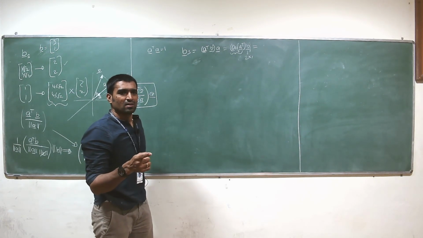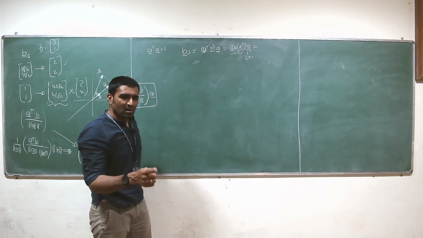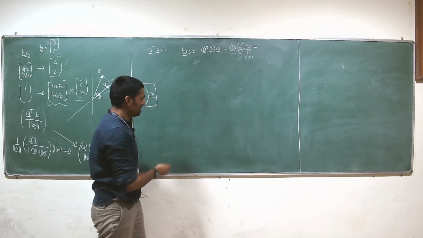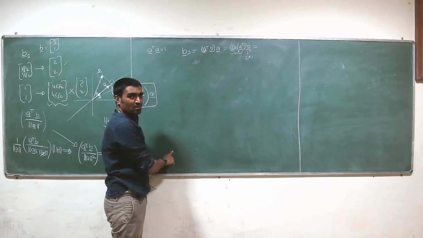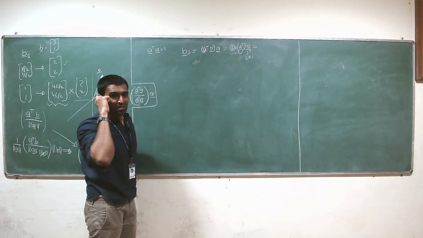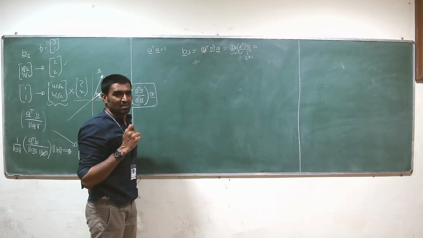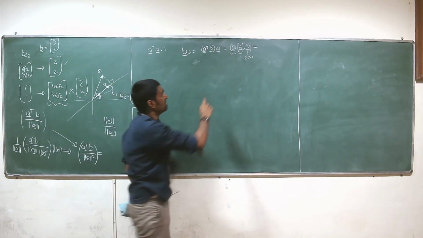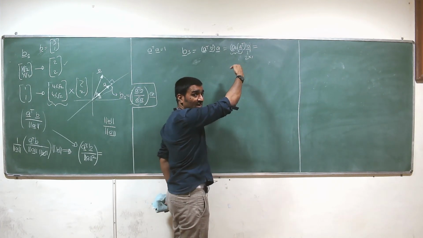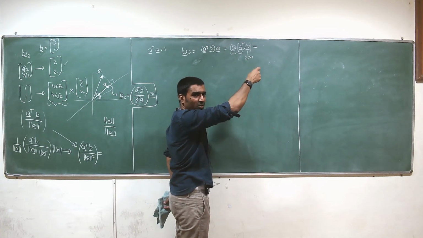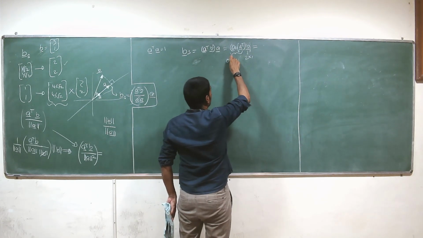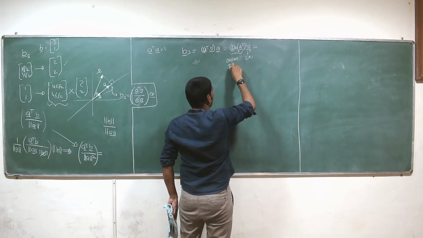No, sorry. Inner product is row multiplied by column. This is what? Column multiplied by a row. What is that? It's the outer product. This is the outer product of A with itself.